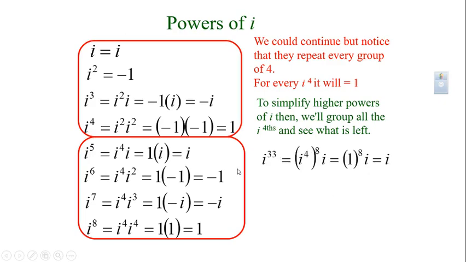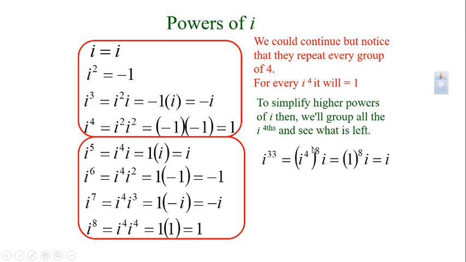Here is an example. i to the 33 is actually i to the 32 times i. Why is 32 so important? 32 is a multiple of 4 because 32 is 4 times 8. So i to the 33 is i to the 4 to the 8 times i, because remember, from exponent rules, we multiply exponents when we raise a power to a power.